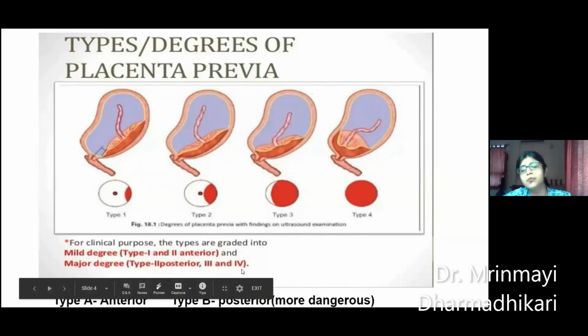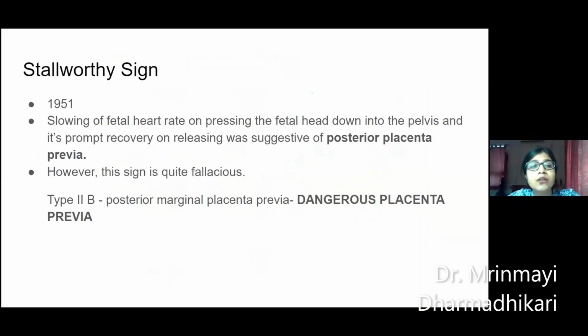So why is this posterior placenta so dangerous? For that, we need to understand what is Stallworthy sign. This sign is for academic purposes, of course, but I'm going to explain this sign just to impress upon you why a posterior placenta previa can be dangerous. Stallworthy described this sign in 1951.